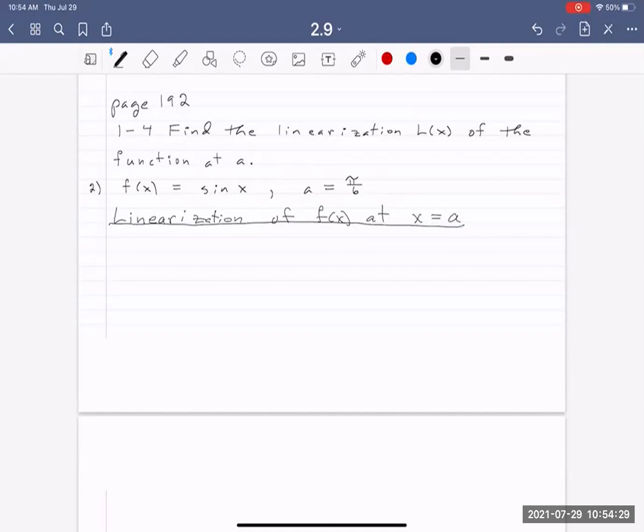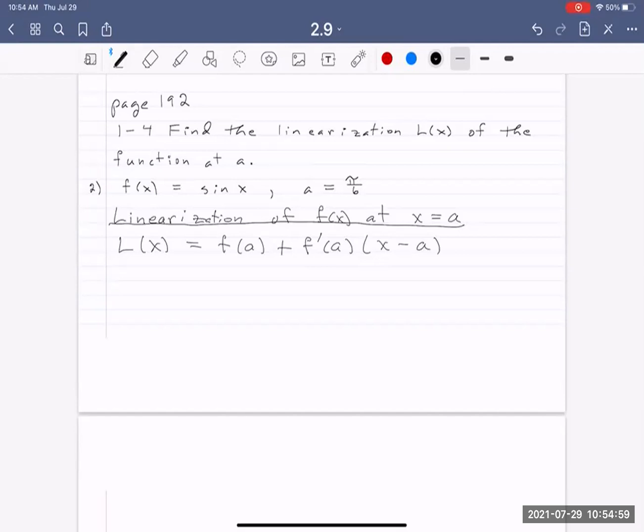And so L of x is equal to f of A plus f prime at A times, oh, maybe I'll call it dx. Well, no, maybe I'll call it x minus A. So in our particular case, we want to do this for f of x equaling the sine of x and A equaling pi over 6.